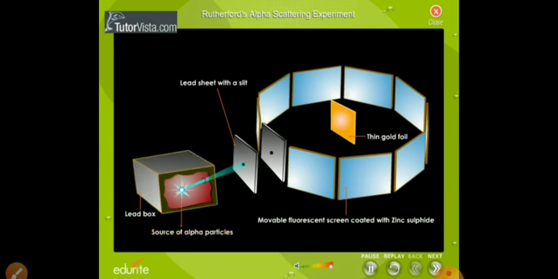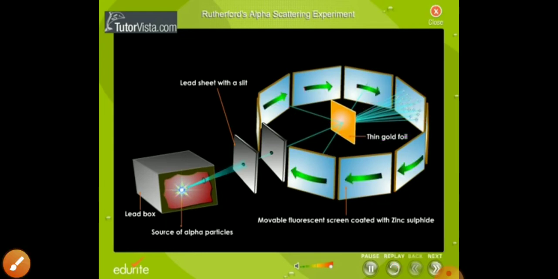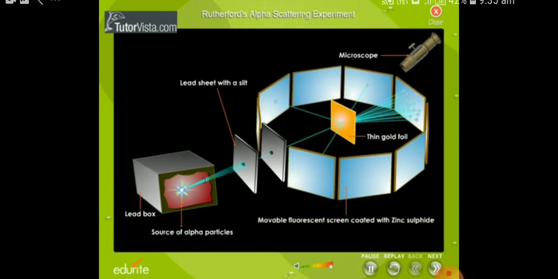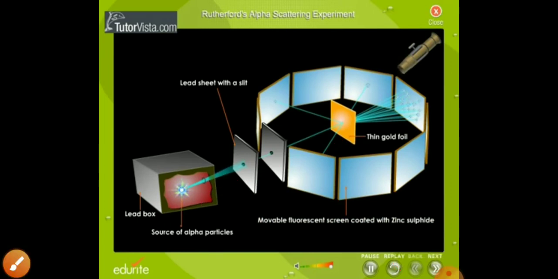He observed that most of the alpha particles pass straight and fall on the scintillation screen. These are the maximum number of alpha particles, moving straight. Few are deflected with a small angle and some are deflected with a large angle. Now again one observation: out of 20,000, one alpha particle bounces back from the original path. Only one alpha particle.